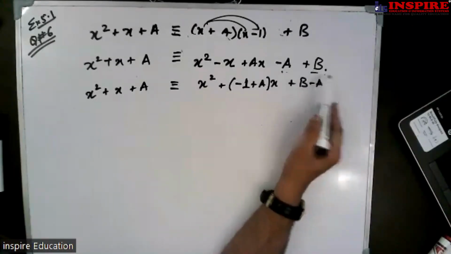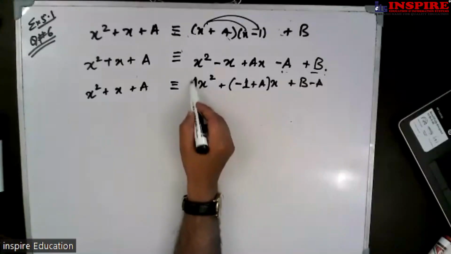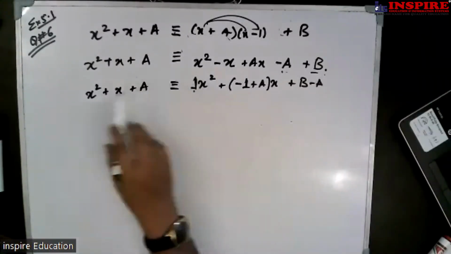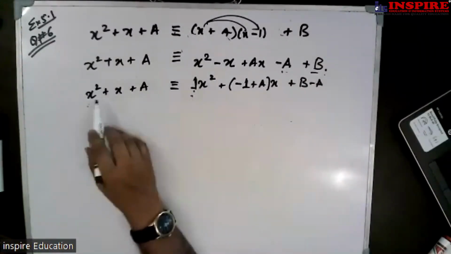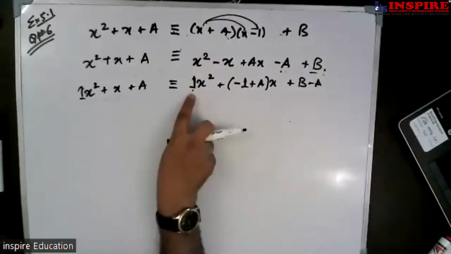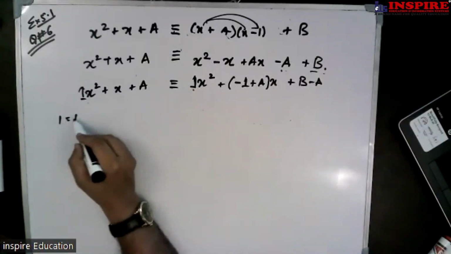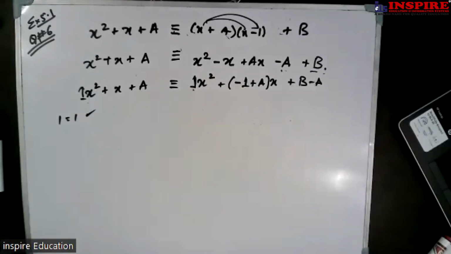Is this a b minus a? Yes. अब लेफ्ट हैंड साइड टू राइट हैंड साइड कंपैरिजन कर सकते हैं. Is this a 1? 1x squared should be equal to, so that's correct. Any question?